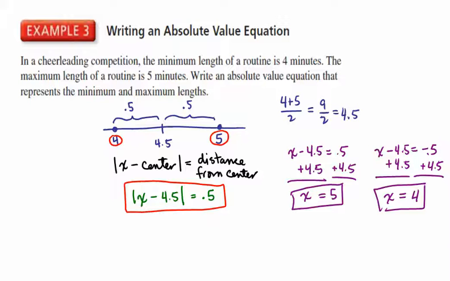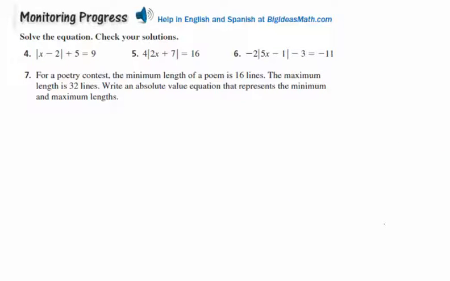Okay, we're going to move on to some examples then that you can do by yourself to double check your understanding of this material. Okay, so in example 4, we have the absolute value of x minus 2, then plus 5 is equal to 9, and we've learned that we need to subtract 5. We need to isolate the absolute value, and we do that by subtracting 5 on both sides.